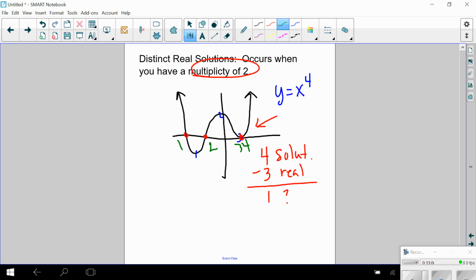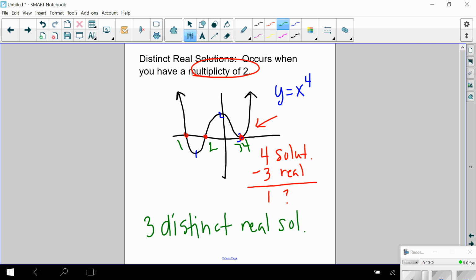So the way we word this is we would say we have 3 distinct real solutions. Okay? We have 3 distinct real solutions because it touches our x-axis 3 times. We know there is a total of 4 solutions, but 2 of them are the exact same number.